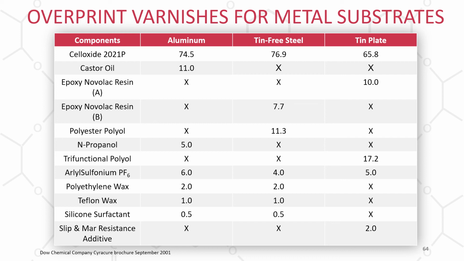In this case, we have our Celloxide 2021P, followed by quite a large amount of other materials: castor oil, two different types of epoxy novolac resins, polyester polyol, propanol, and a trifunctional polyol. Our photoinitiator was a sulfonium salt, and then a variety of additives like polyethylene wax, Teflon wax, and so forth.